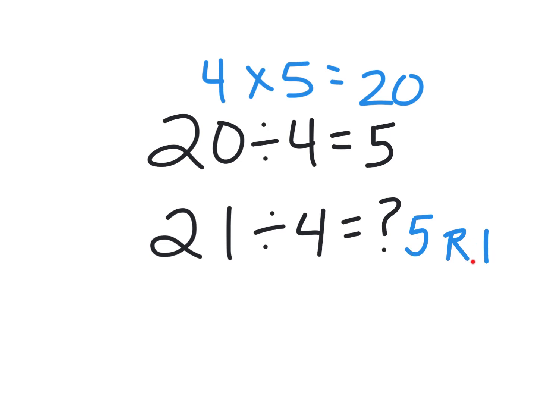They become that remainder. So the answer is still 5. That's the quotient in this division problem, and that's the division answer, quotient. But this time they have a remainder because 4 doesn't go into 21 exactly. It does go into 20 5 times, but if it goes into 21, there's that 1 remainder left over.